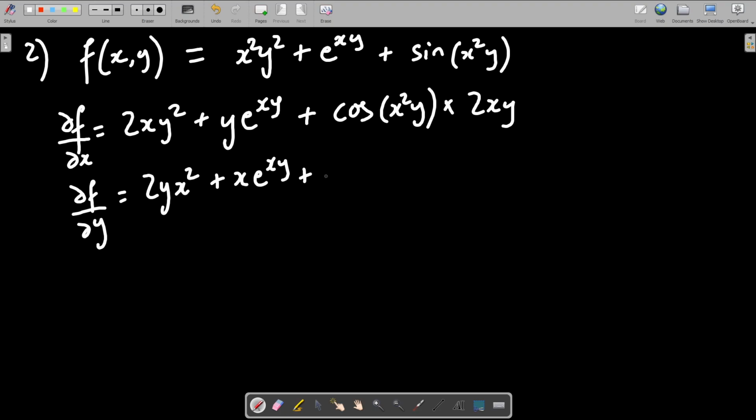This term will become different now. This will become cos of x²y multiplied by the derivative of the inside term with respect to y. So y will become 1 and x² will remain here outside.